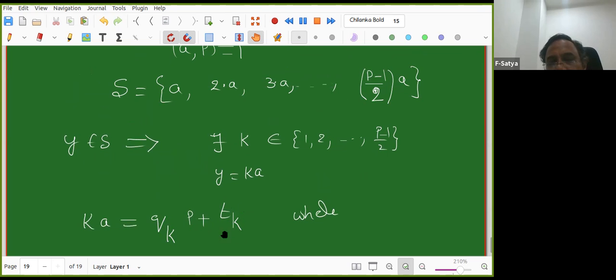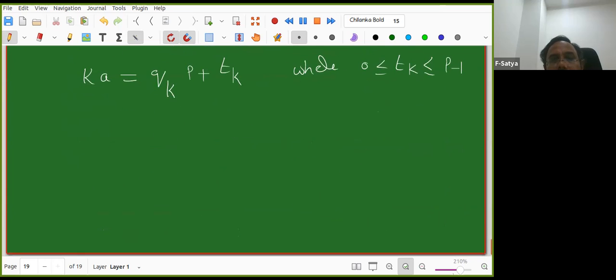We are focusing on remainders, you remember? So now 0 is less than or equal to tk, which is less than p, so less than or equal to p minus 1. Now look here. What is ka by p, the greatest integer function? Can somebody help me?